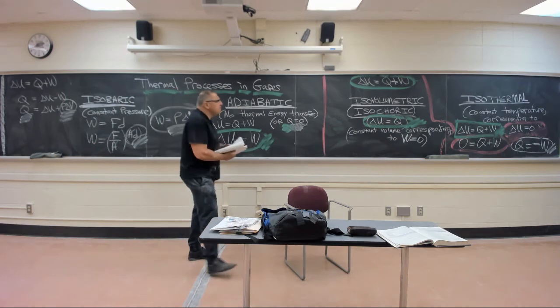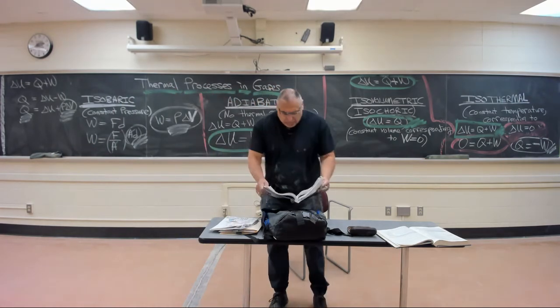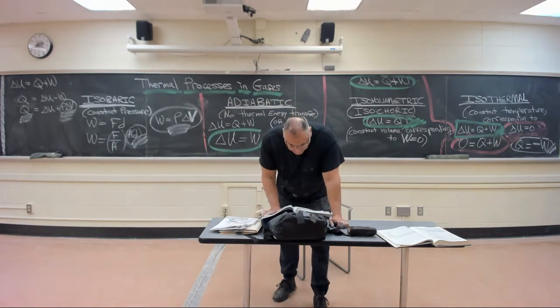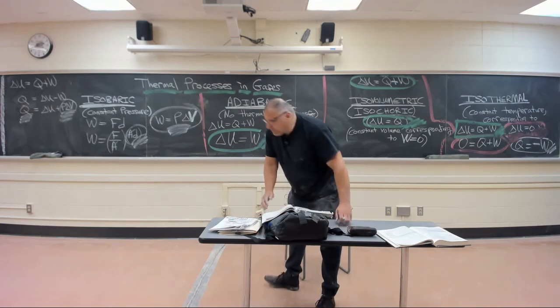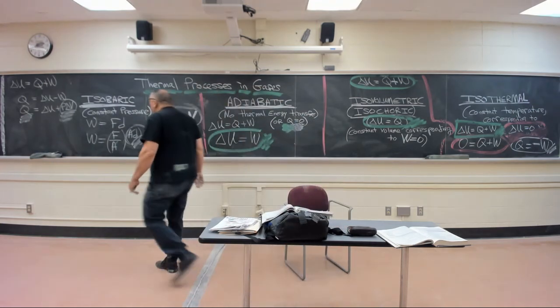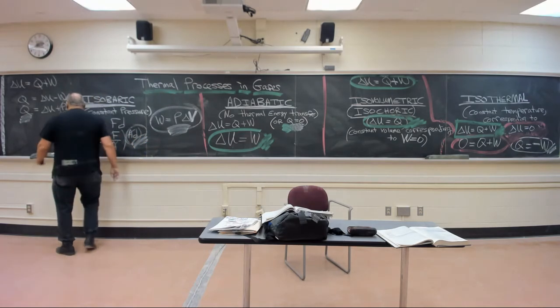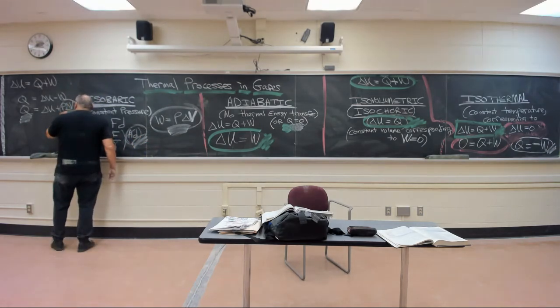Again, I think when we do the problems, it's a little more straightforward than the actual theory behind it. What they're saying essentially is this. This right here adds to the whole situation.